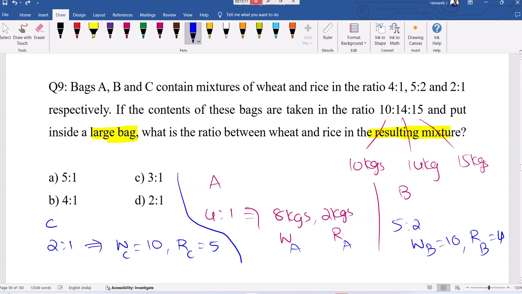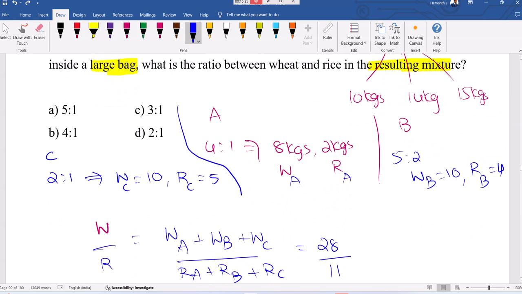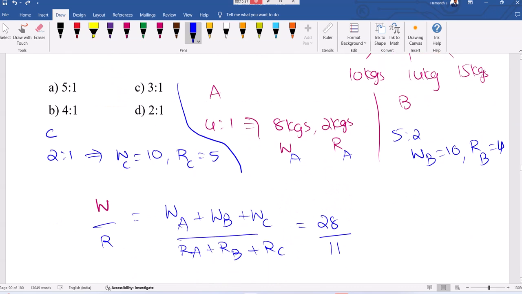It's like 10 cases, 14 cases, 15 cases are taken from each one. So as it is 4 is to 1, 8 cases of wheat, 2 cases of rice is taken. It is 14 kgs. Okay, 5 is to 2 means 10 kgs of wheat, 4 kgs of rice. When you take, both will come out. We cannot take only wheat separately, rice separately. Combined, mixing of those will come out. It should be 28 by 11. Close to option 3 by 1, sorry. It should be a bit close to 3 by 1.